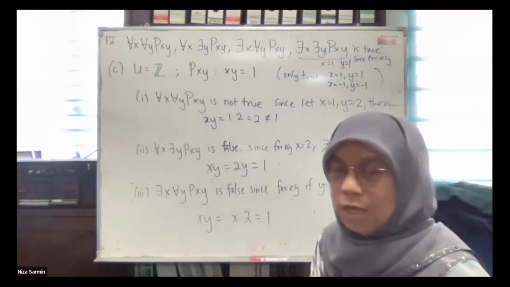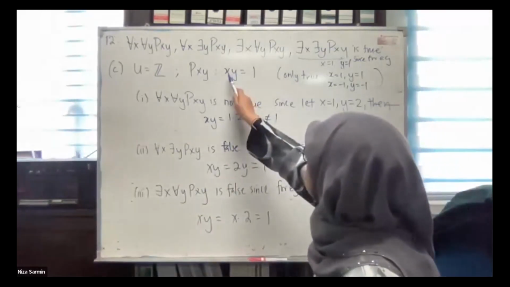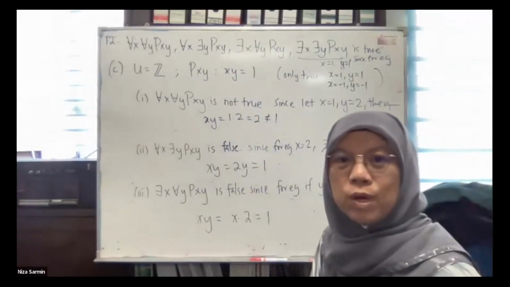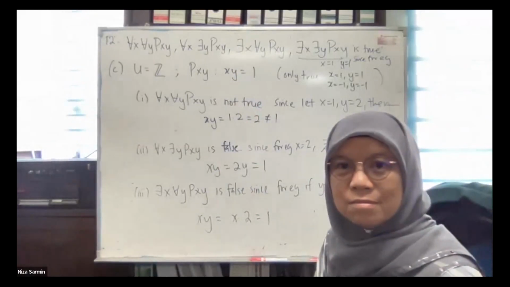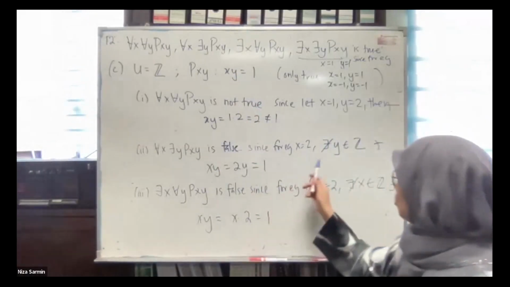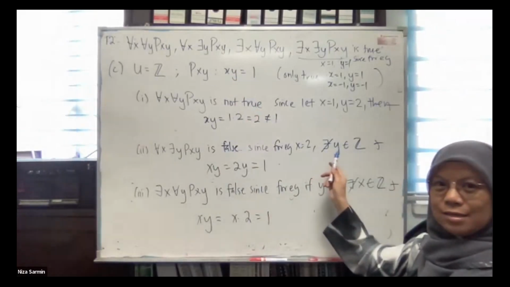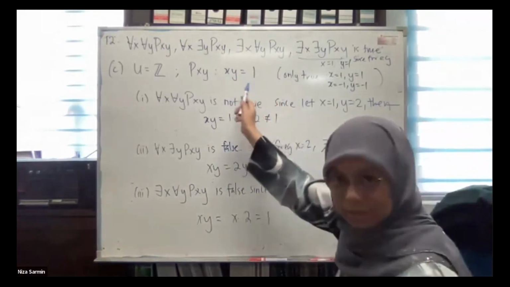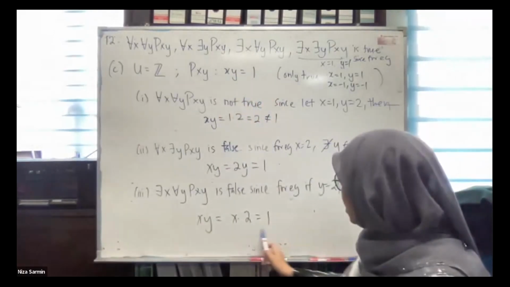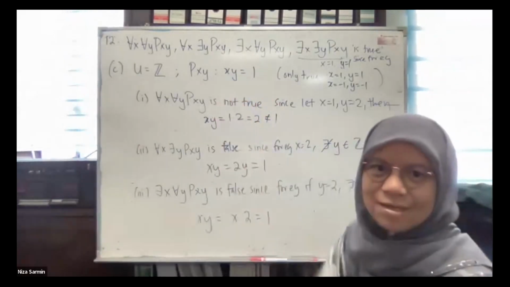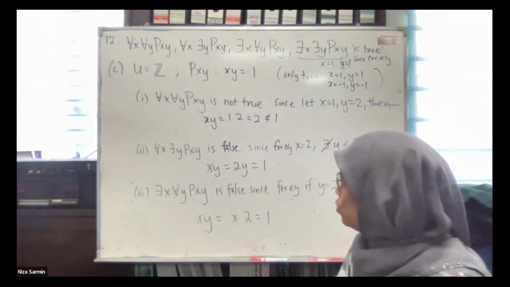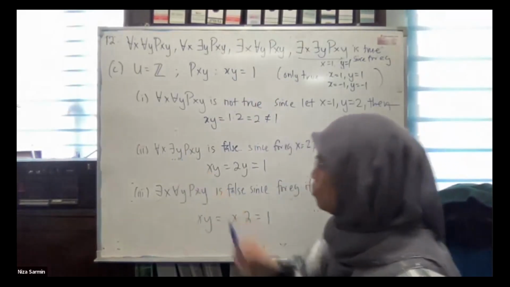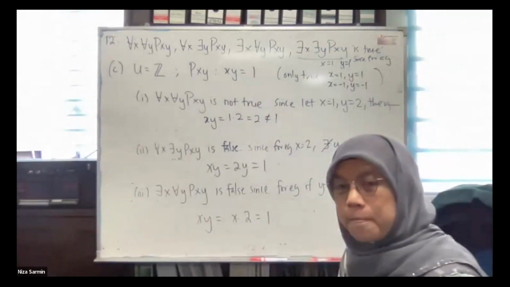Can you find the y, 2 times y equals 1? No. That's why I put there is no y. So this one is the question you cannot change. Then you have to decide whether there is a y, there is an x.